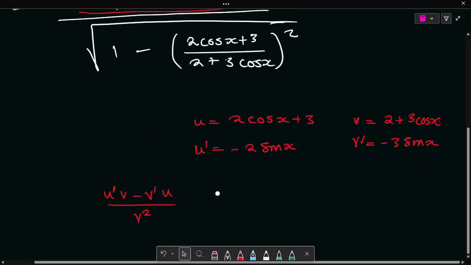Okay, so once we have that, we now need to know what this is equal to.